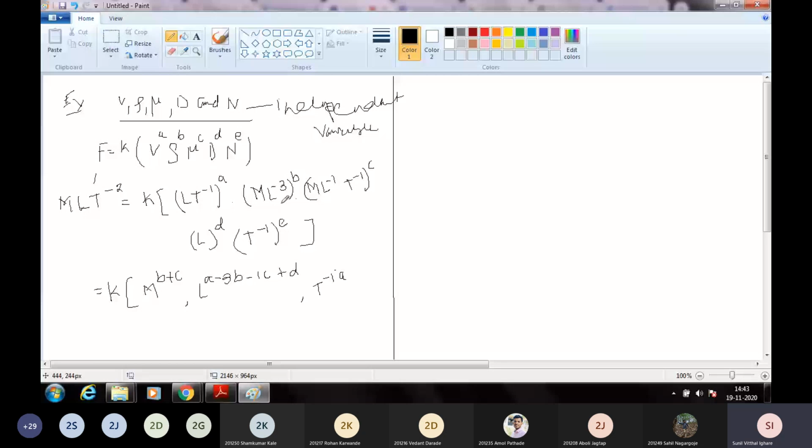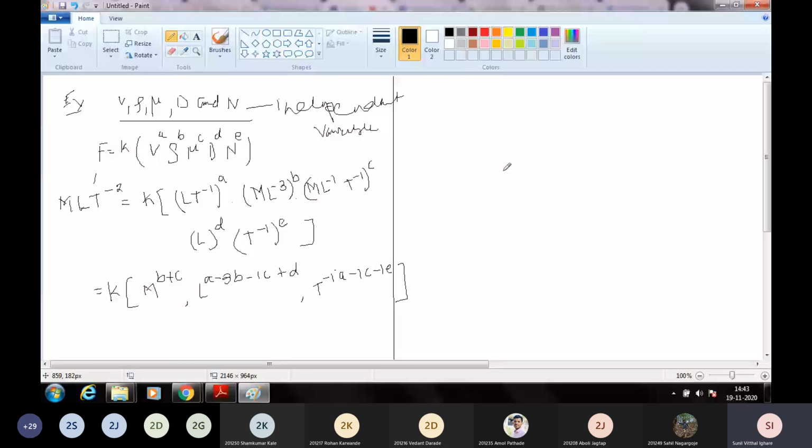Third one, yes, minus 1 into C. Next, minus 1 into T. So in this way, we have just simplified the previous step.